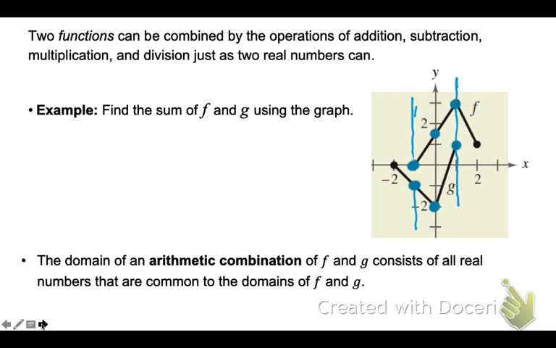So this would be x is -1, yes? For both f and g, x is -1. Okay, and it says the sum, so that means add, right? So f at -1 is what? f at -1 is 0. Plus, and what is g at -1? -1. So that point would be (-1, -1), right?